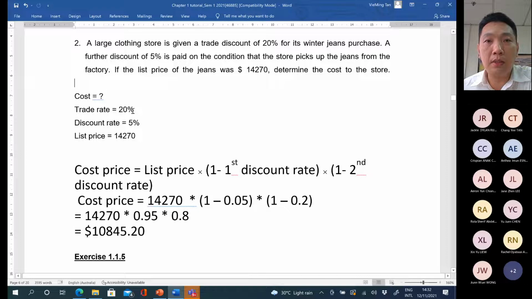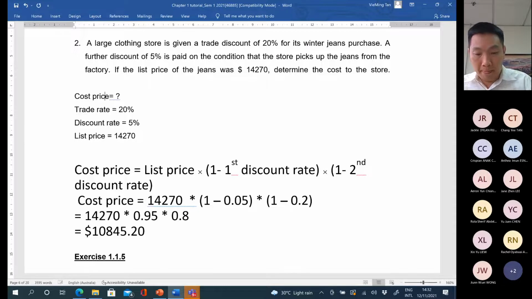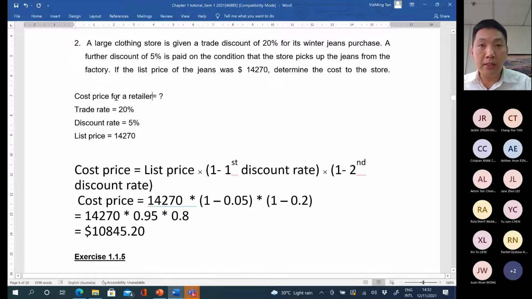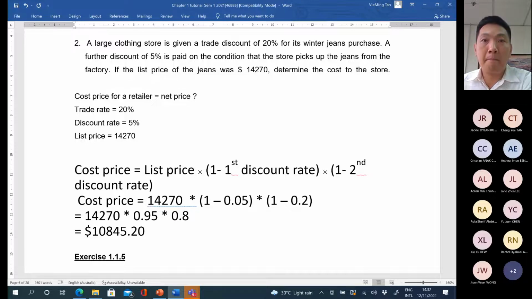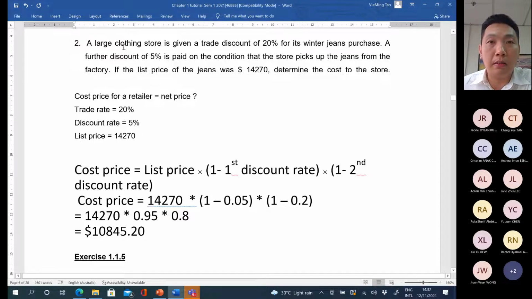So it's calculating the cost price, or the net price, for a retailer. In this case, cost price means the net price that has to be paid by the retailer to the manufacturer, or the wholesaler.